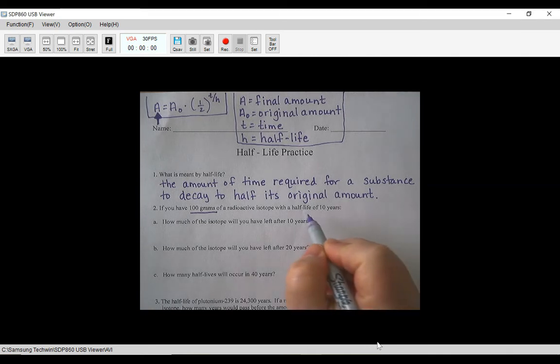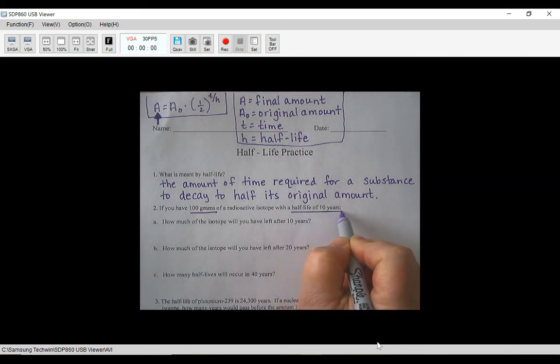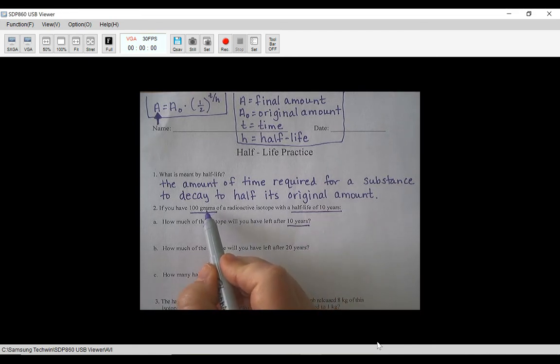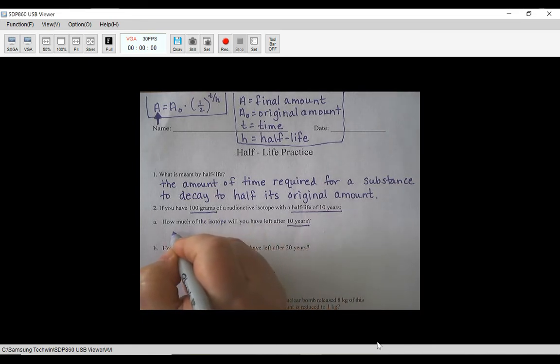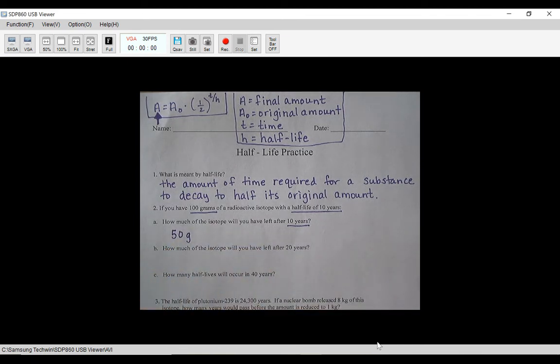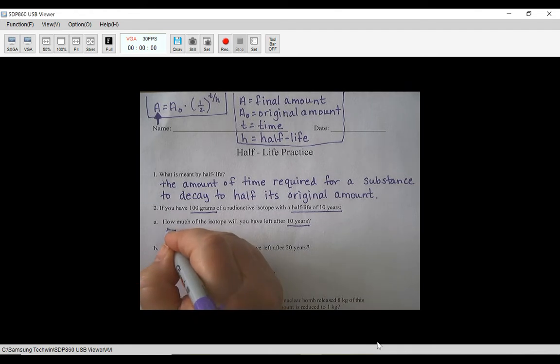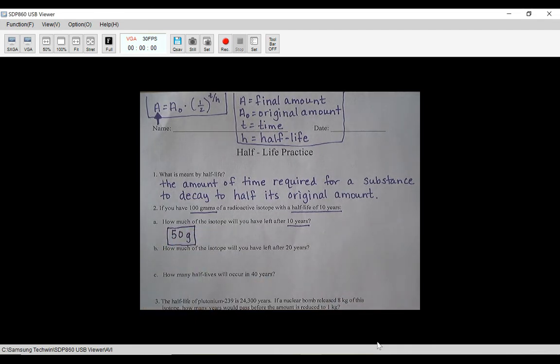It has a half-life of 10 years. So that means after 10 years, the amount that we started with will be half. So I could simply say 50 grams, which I could abbreviate 50G. So I could just logically figure that out.